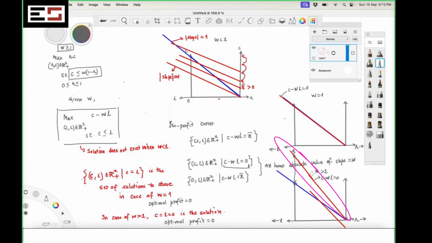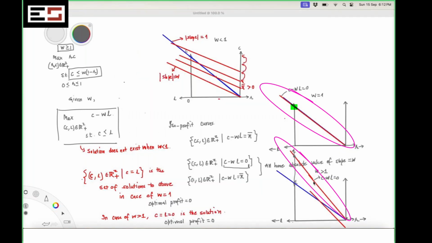In case of W greater than 1, it is from here to here. In case of W equal to 1, it is from here to here. Yes or no? That's your budget boundary. Do you agree? So the budget boundary is nothing but your highest possible isoprofit curve restricted to R between 0 and 1. Is that okay? Or L between 0 and 1. Have you all understood this? Is that okay?